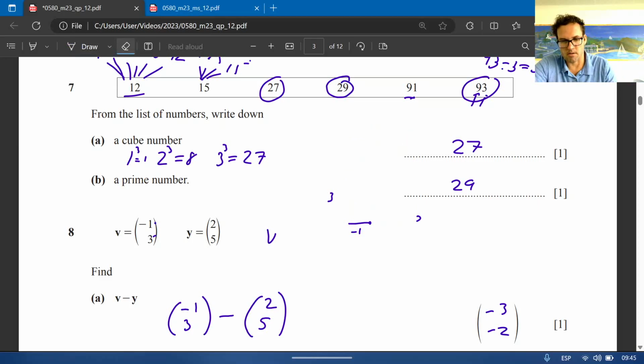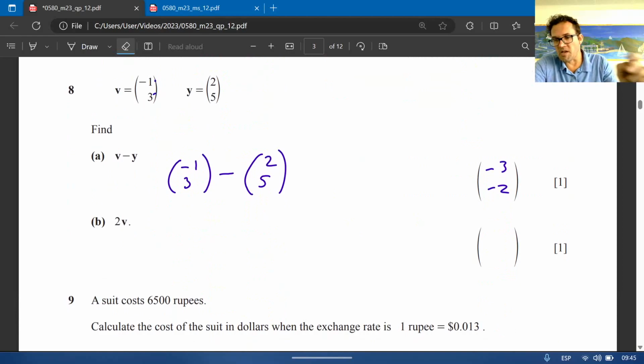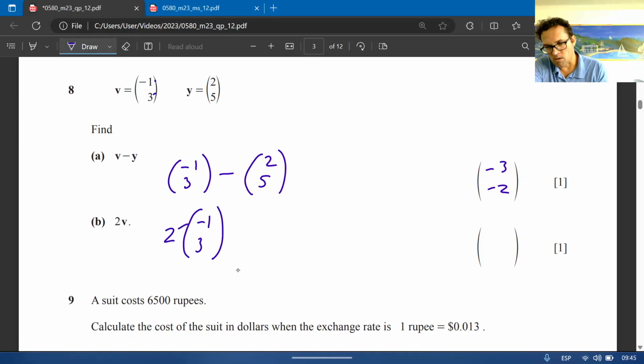They don't even make it harder than this, so just subtract them. 2V: put the 2 and then you put vector V. Then you multiply the 2 with the minus 1, that gives you minus 2. You multiply the 2 with the 3, that gives you 6.